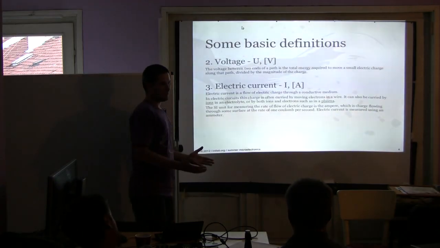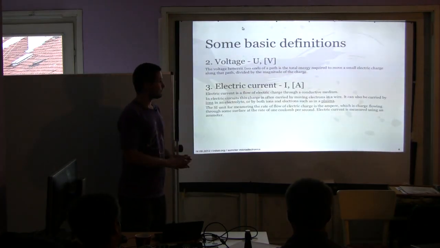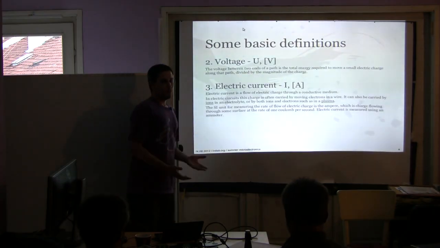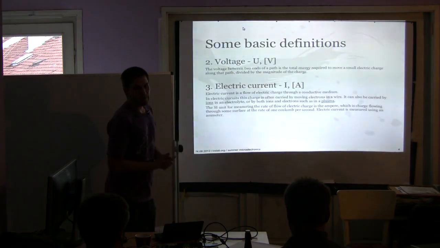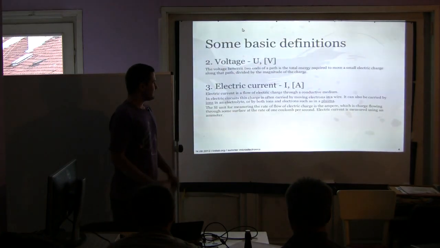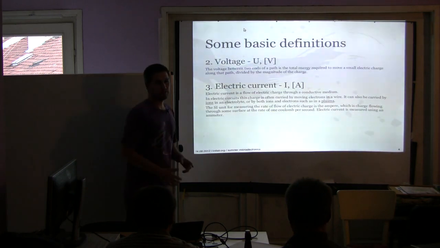We are measuring voltage between two points. We can't measure voltage on a single point. I mean, there's no physical explanation, and when you measure the voltage, you always have to define the reference.